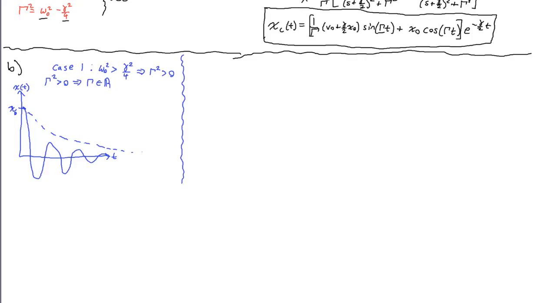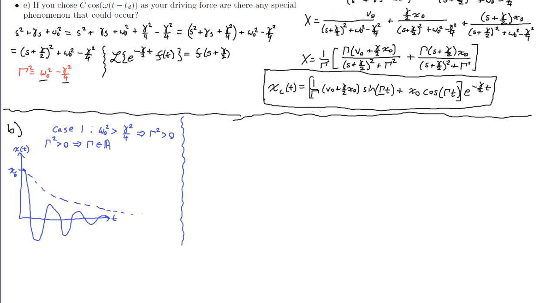So, now case 2. Case 2 is when omega naught squared equals gamma squared over 4. So what does that mean? Well, that means that our frequency is 0.